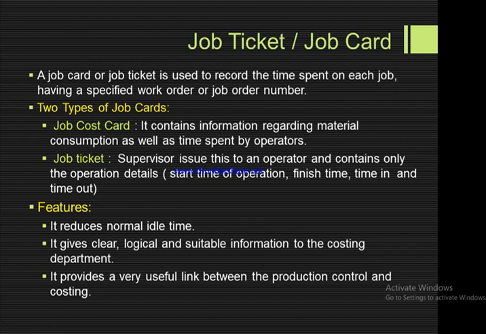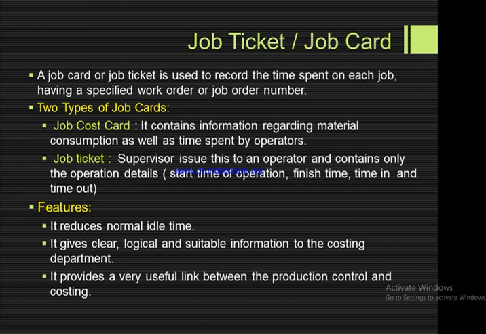Next we move on to what is known as the job ticket and job card. For each job there should be some identification in terms of what the workers are supposed to do, and depending upon that, what kind of material they are supposed to use and what operation they are supposed to do in terms of start and finish time. Hence these job tickets or job cards are used.